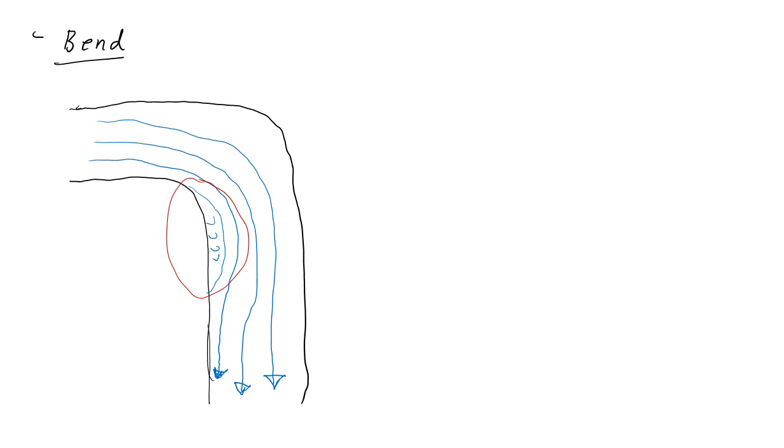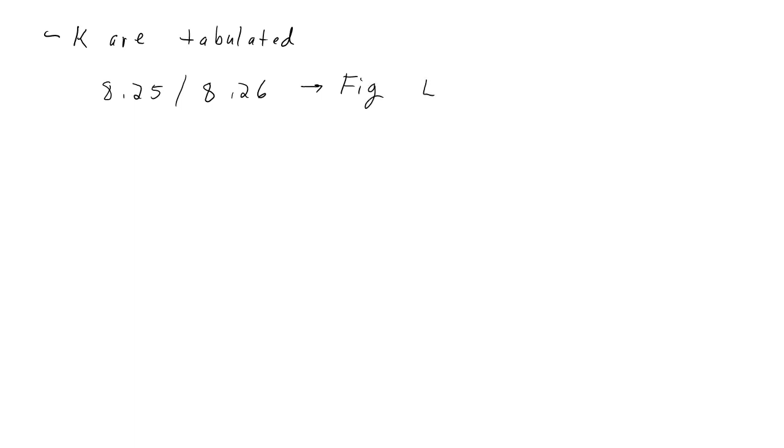So the loss coefficients are tabulated. For example, in your book, figures 8.25 and 8.26 show the loss coefficients for expansions and contractions.